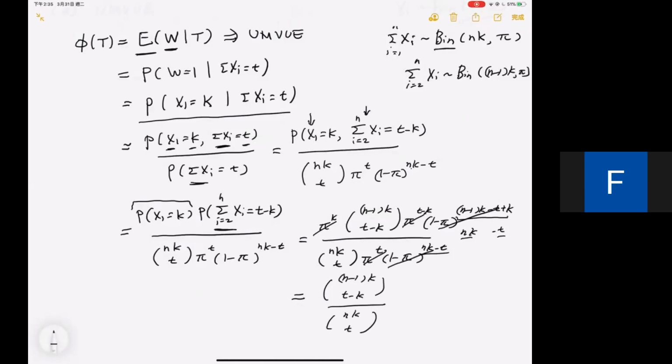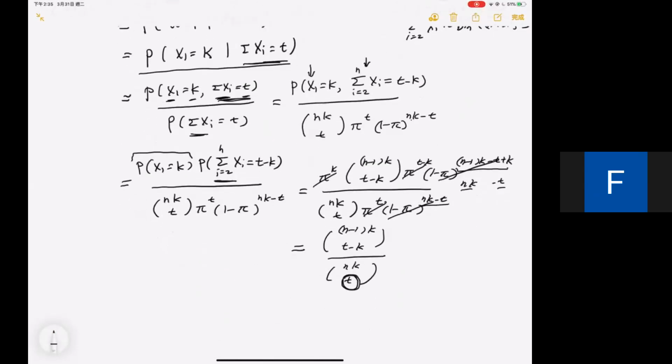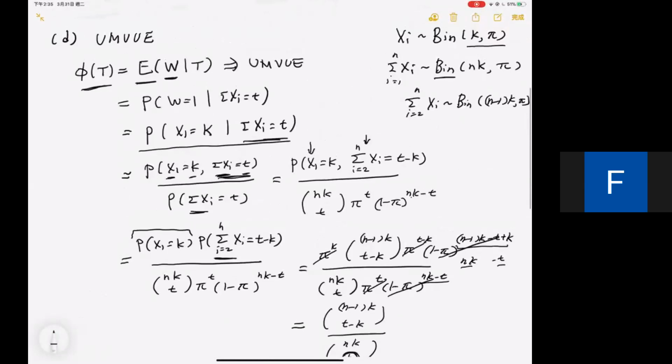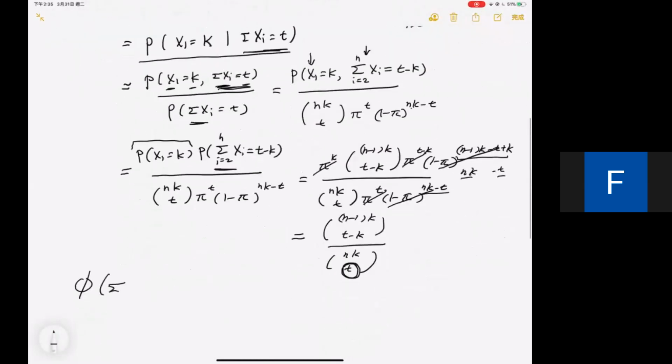So it means eventually, because I named T right here as summation xi, formally writing, you do have T as summation xi, and then the estimator is this, replacing where T is.